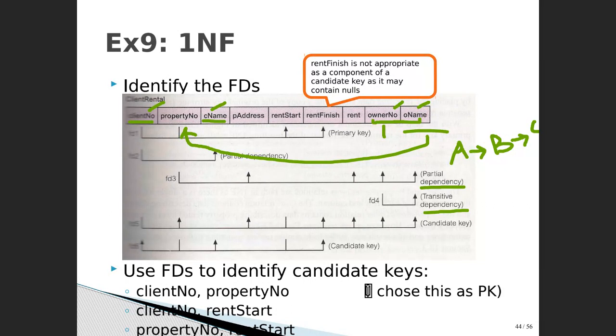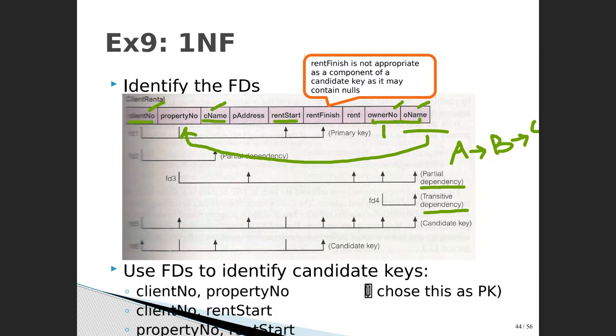And the candidate key, for example, client number determining all of these attributes. Sorry, client number along with the rent start determines all attributes. Again, property number plus rent start will also determine these attributes.